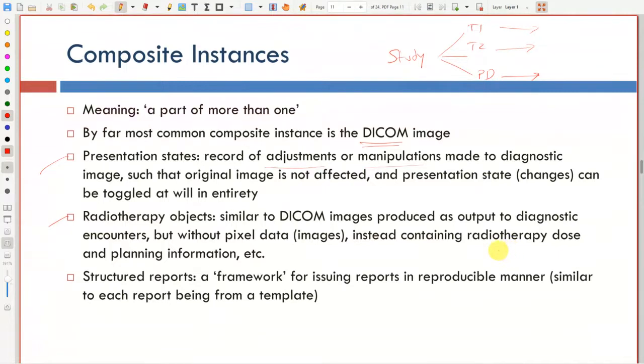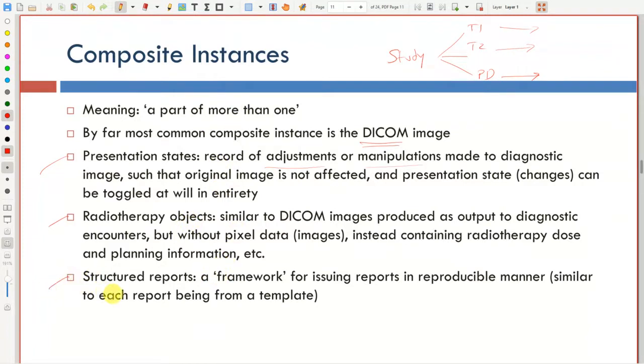Meaning where you're going to put the radioactive sources, for example, if you're using implantable radioactive sources like brachytherapy, or gamma knife, or linear accelerators or things of that sort, you might have different information about how to apply the radiation to the patient. But this information might actually be a radiotherapy object. So this is one of the things that you might see as composite instances.